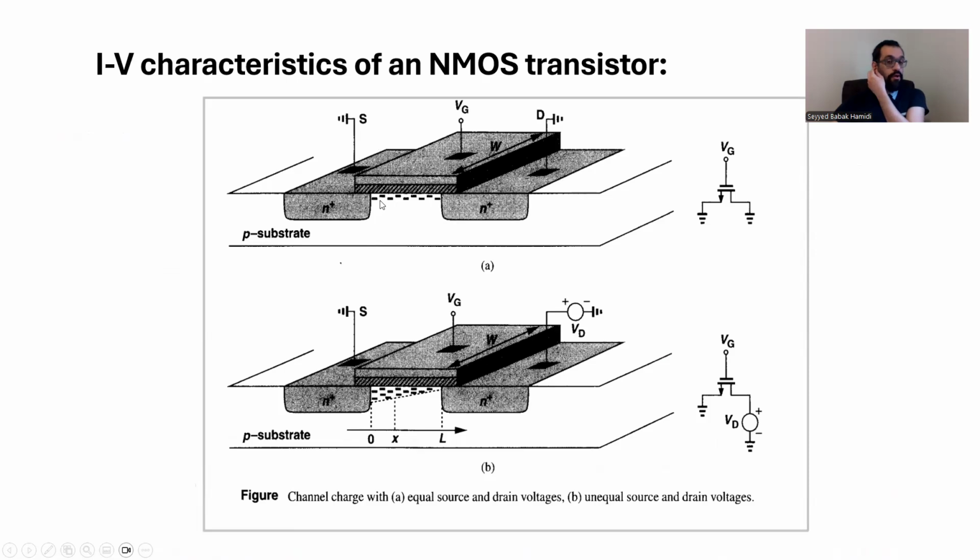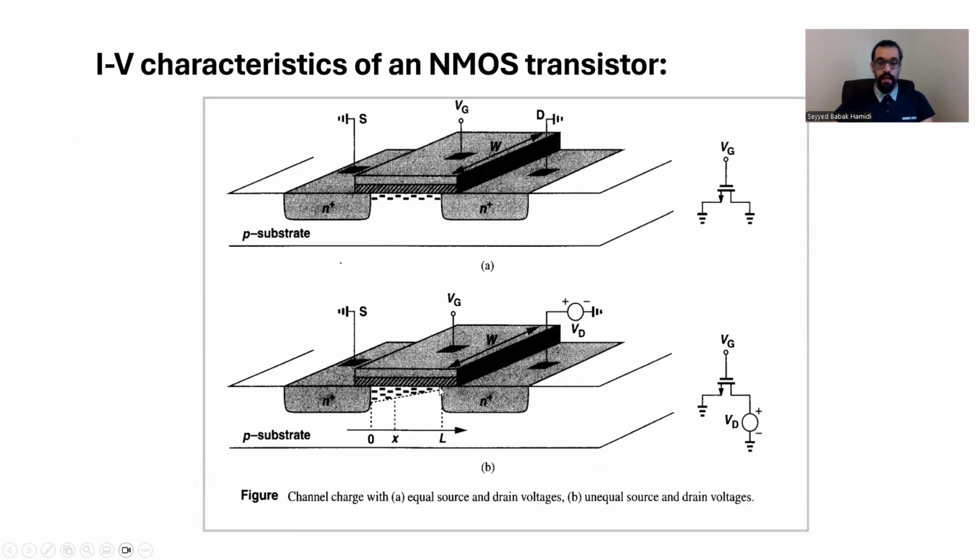This electron layer would be symmetrical between the drain and source. But when you have unequal source and drain voltages, it means keep the source grounded, but slowly increase the drain voltage, put a potential on the drain.